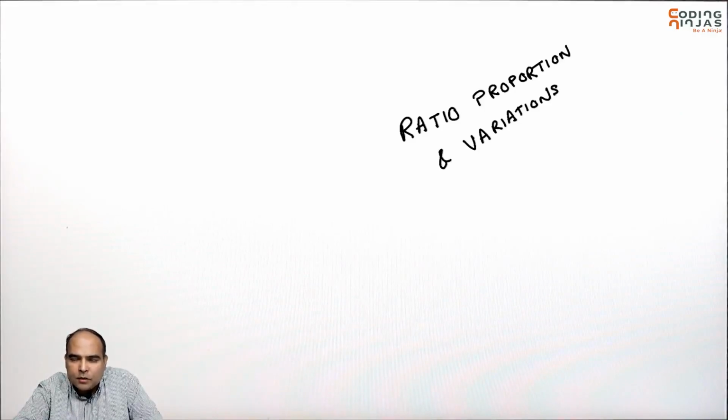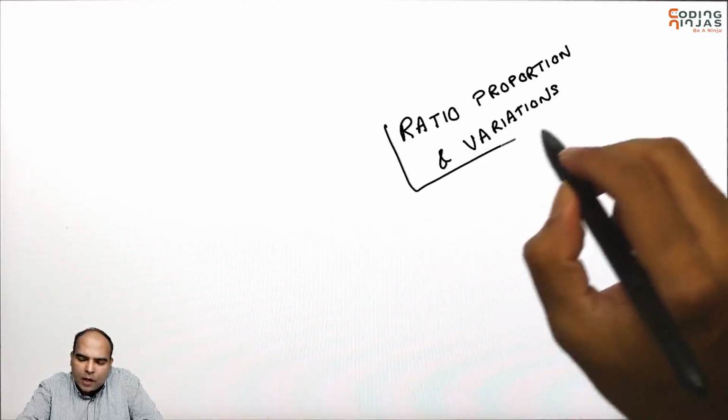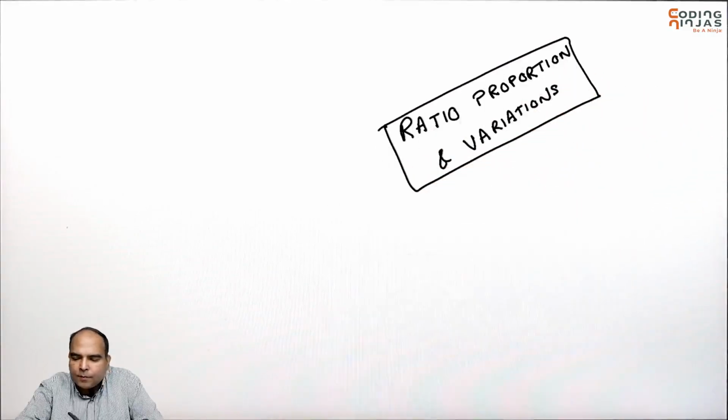Just like percentage was the base chapter for profit and loss and interest, ratio, proportion, variation is the base chapter for time and work and time, speed, distance. And hence understanding ratio, proportion is important, not just because of its own questions, but also the application of this across those chapters I mentioned.